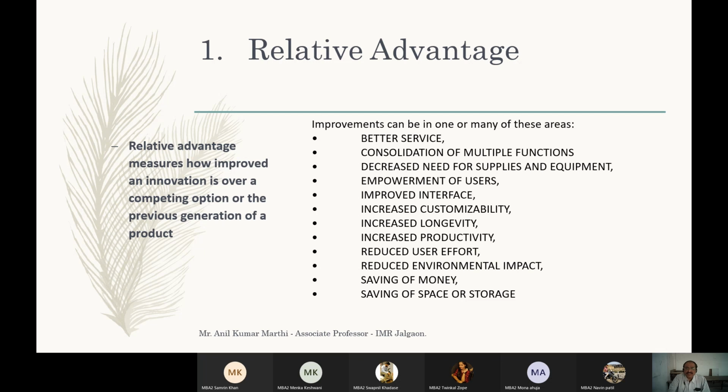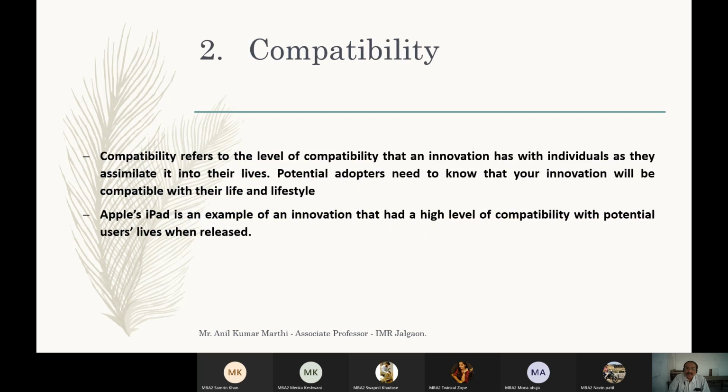So the characteristics of innovation, the first one is relative advantage. The second one is compatibility. Okay. Look here, I think there is an example also given in this particular slide. Compatibility refers to the level of compatibility that an innovation has with individuals as they assimilate into their lives.